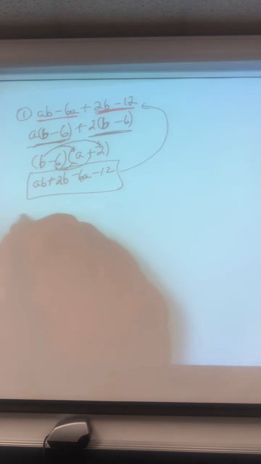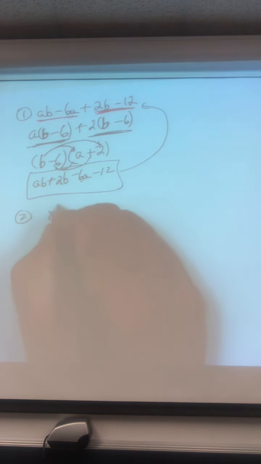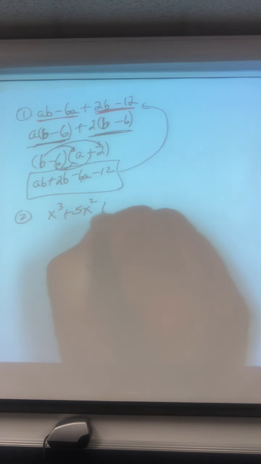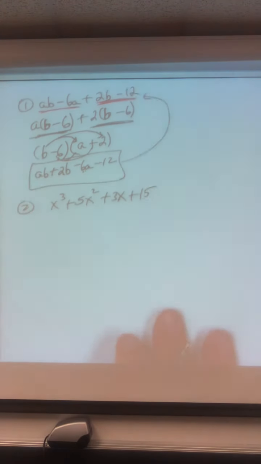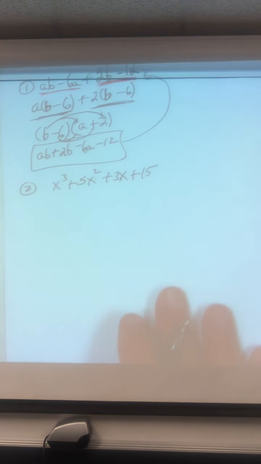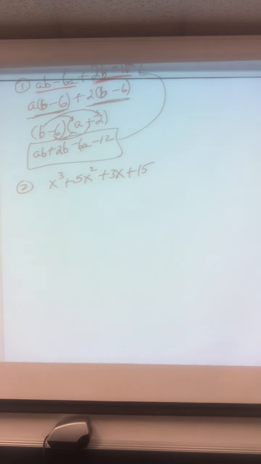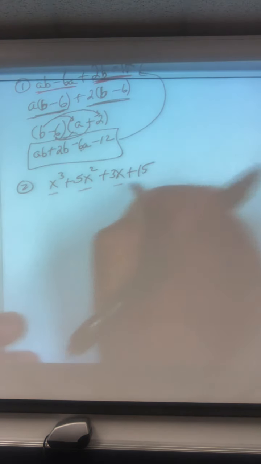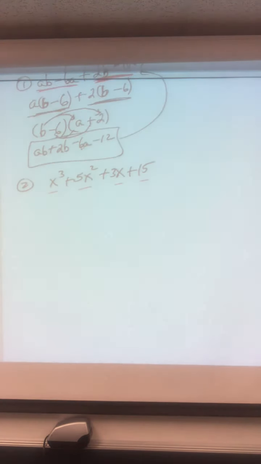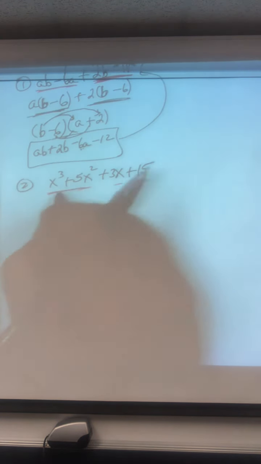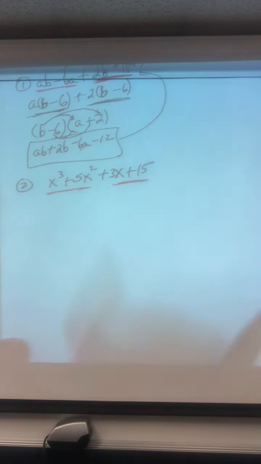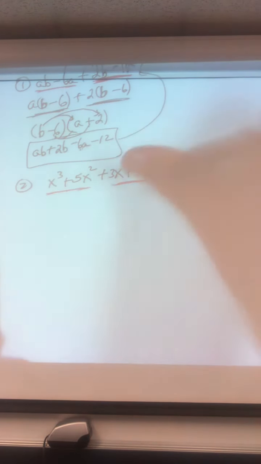Okay, so let's do another example now. X cubed plus 5x squared plus 3x plus 15. All right, first, look for a GCF in each group. There's not one. Second, try grouping. Group the first two terms, group the last two terms. Look at the first group.